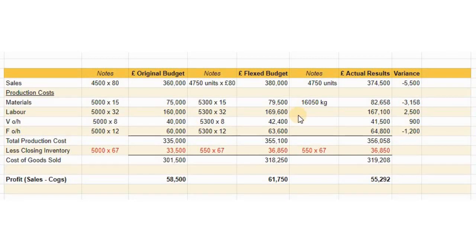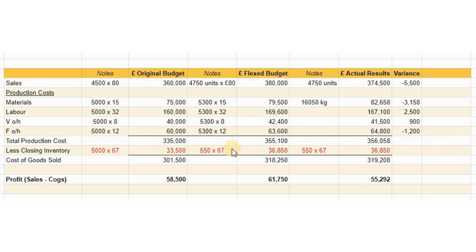So to speed things up a little bit, I've completed the labour costs, the variable overhead costs and the fixed overhead costs. Looking at labour, 5,300 units at £32 per unit gives 169,600. Variable overheads, fixed overheads are charged. We'll talk about that later.